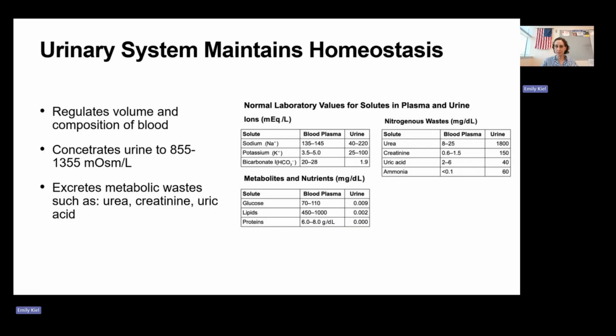However, if you just ate a bunch of French fries with extra salt, your sodium is going to be really high, and so you're going to lose more of that sodium in the urine. Potassium is a big one. Potassium levels are normally 3.5 to 5, and you can have 25 to 100 milliequivalents per liter concentration in the urine. And then we've got bicarbonate as well.